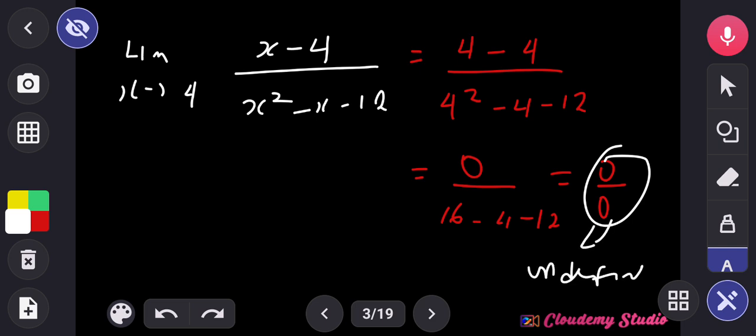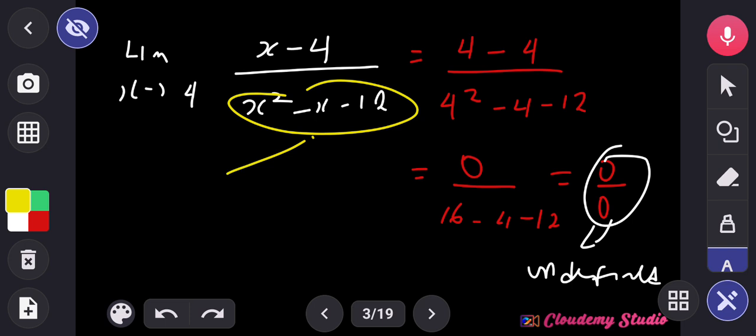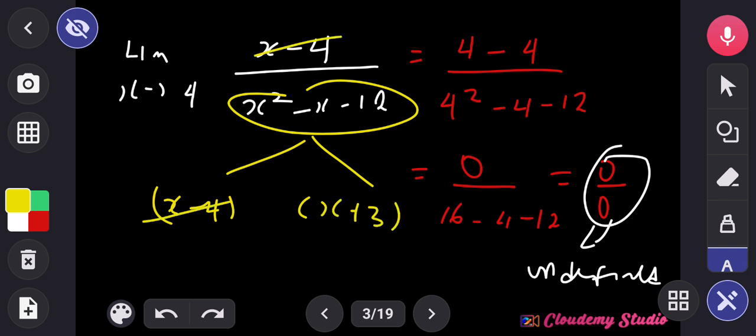So how do we solve this? Remember that in one of our videos where we talk about the limit of a function, we can use the concept of quadratic equation. If we use the concept of quadratic equation, we are going to be factoring it into x minus 4 and x plus 3, where this one cancels out this one, and we are going to be having 1 divided by x plus 3, and that will be equal to 1 divided by 7 in the final answer.